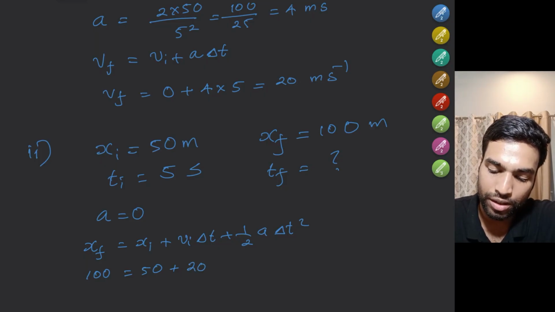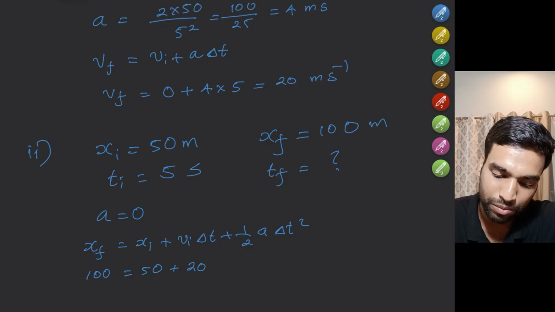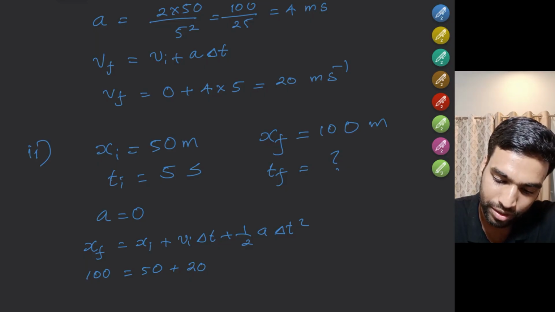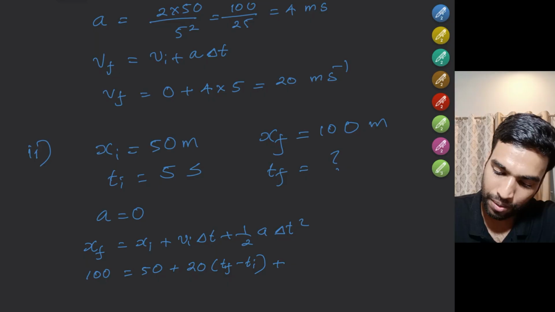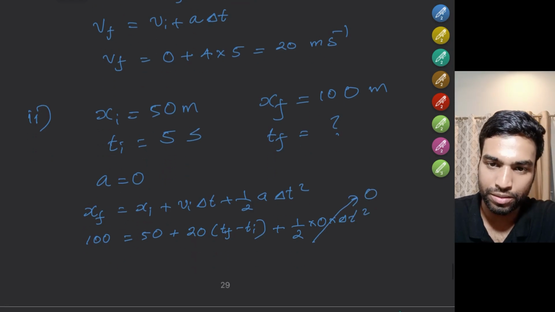And delta t is nothing but tf minus ti, so I can write tf minus ti plus half into a, which is 0, into delta t square, right? So that last term will be 0, doesn't matter, correct?